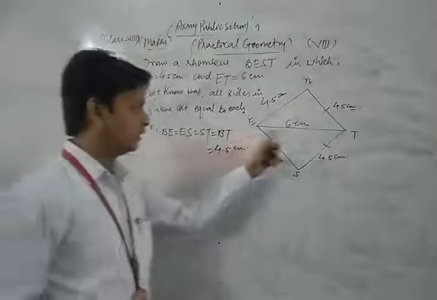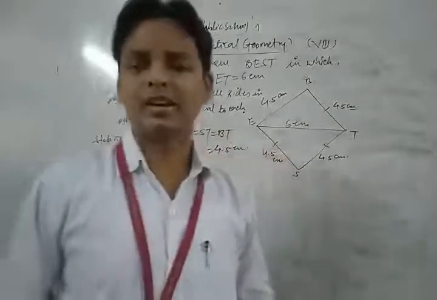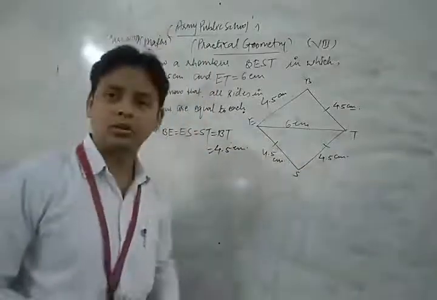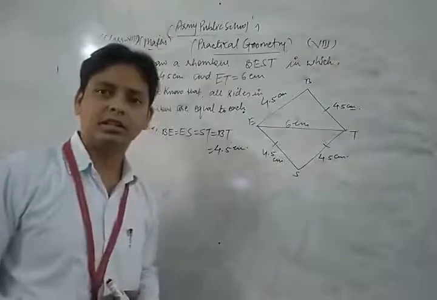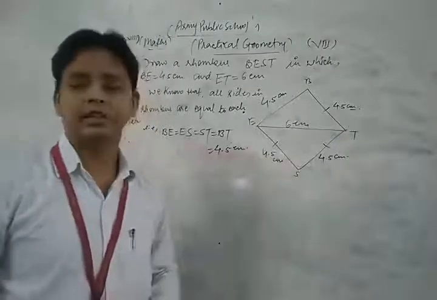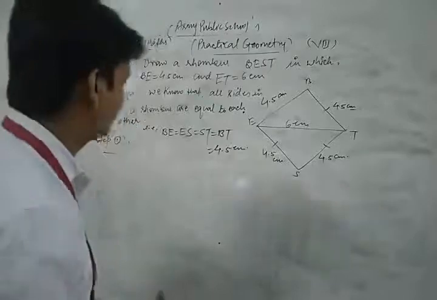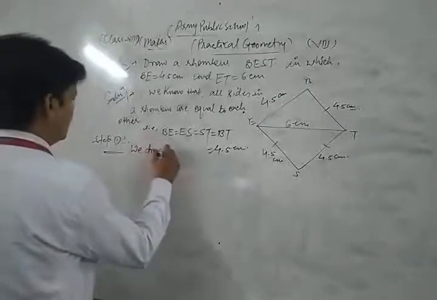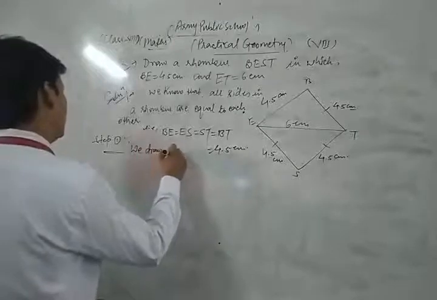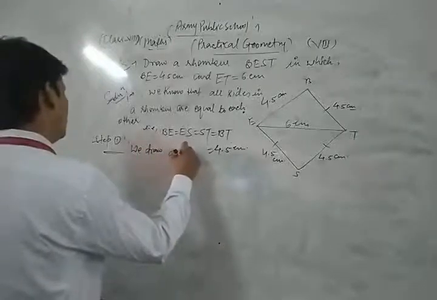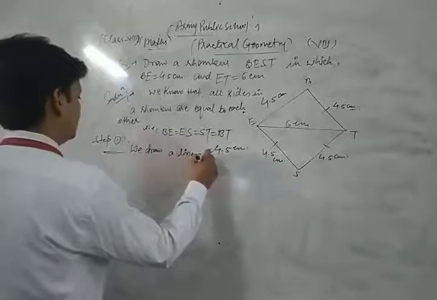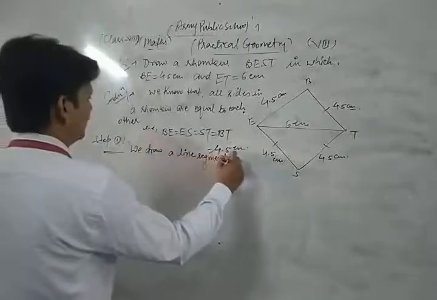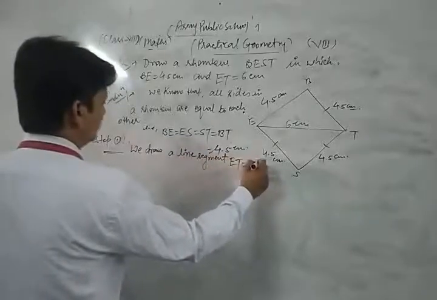First of all, we draw the diagonal. This is one of the diagonals of the rhombus. So first of all, we draw its diagonal ET. In the first step, we draw line segment ET equal to 6 centimeter.